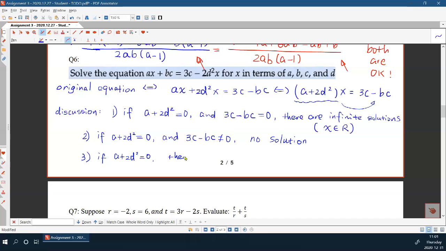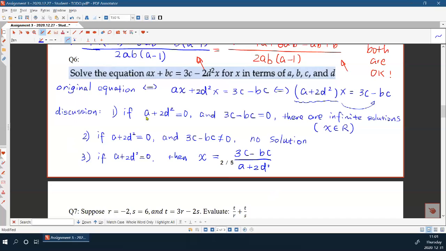Then under this situation, x is 3c minus bc divided by a plus 2d squared. This is our only solution, right? Okay. Any questions?